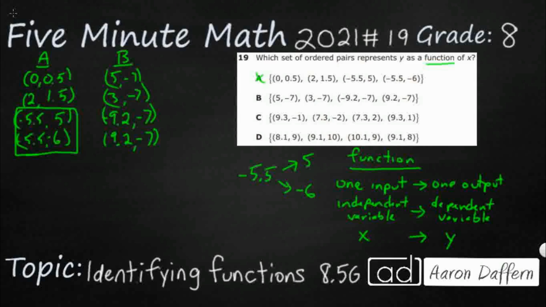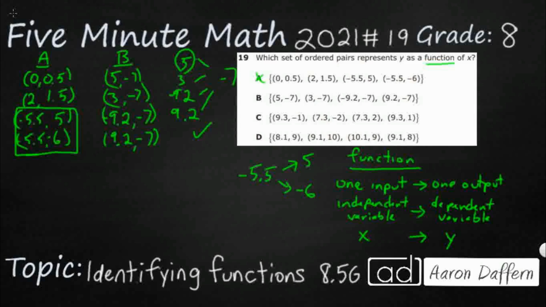But they all go to that same negative 7. And guess what? That's fine. I'm only looking to see if each x leads to just one y. It doesn't matter if all of those y's happen to be the exact same.